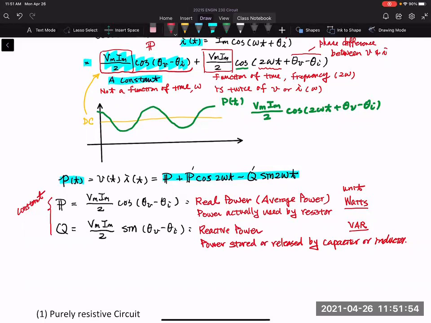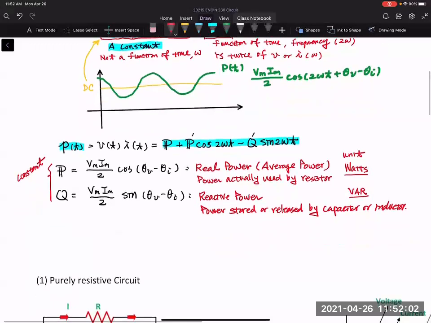And that's the main difference. So here you have real power, in watts, called the real power or average power, and you have imaginary power, which is the Q. There is another power, which is actually the total power of this. And that total power is what we call the complex power.